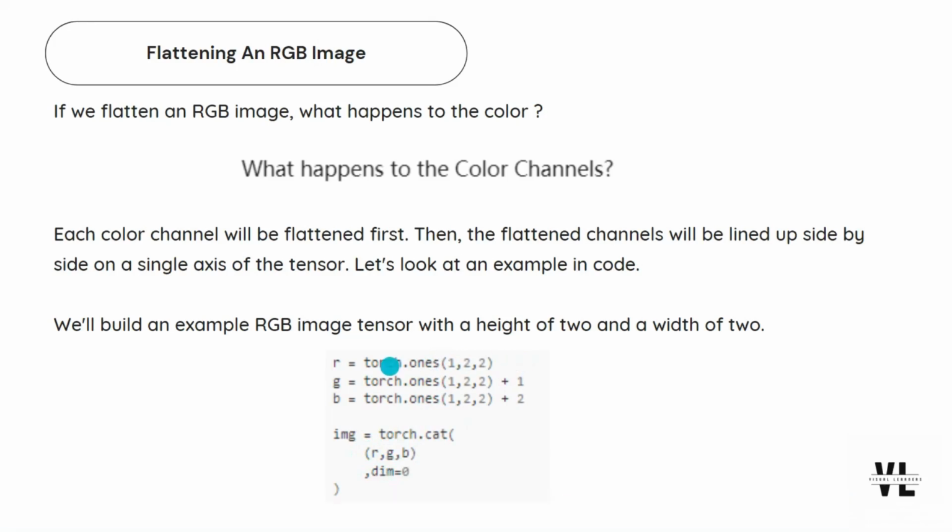Here we have ones, a 2 by 2 tensor with all elements being 1. Here we add a 1, and by broadcasting, which we will see in the next video, we're going to add 1 to each element. So this tensor will be a 2 by 2 tensor with all elements being 2, and this one will be 3.